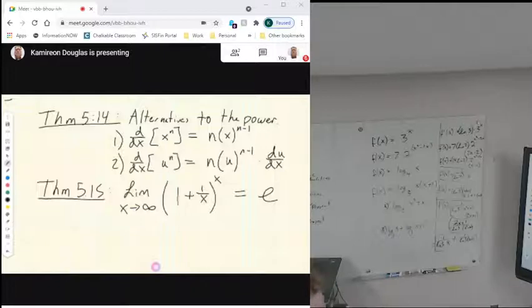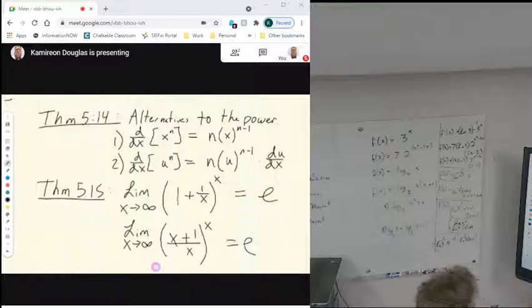Now it's just theorem 515. Kind of neat. The second version of this, again, if you look real close, you'll see that they're the exact same thing, just different versions, is ((x plus 1) over x) to the x power equals e. Again, if you were to combine those two numbers into one fraction, you see that they're both the same. This is how e was first found.